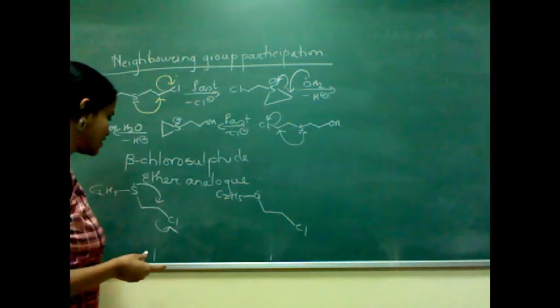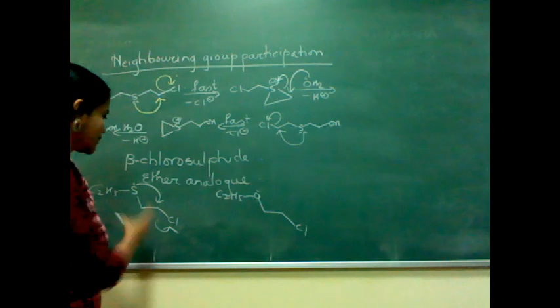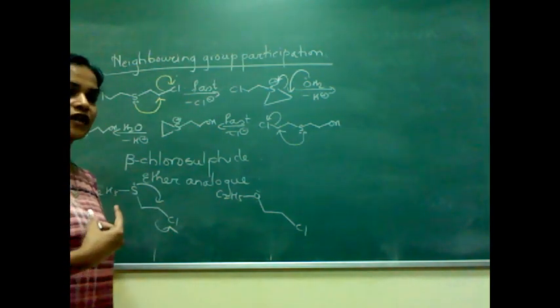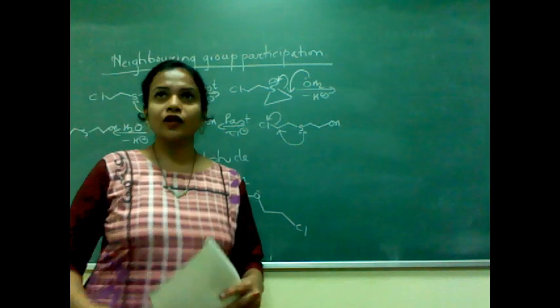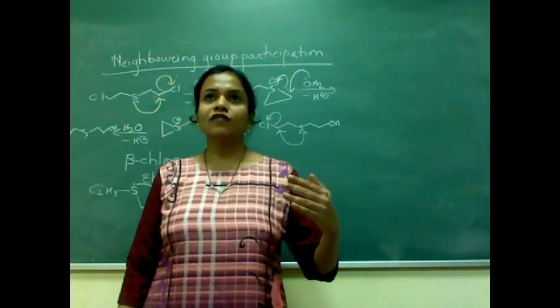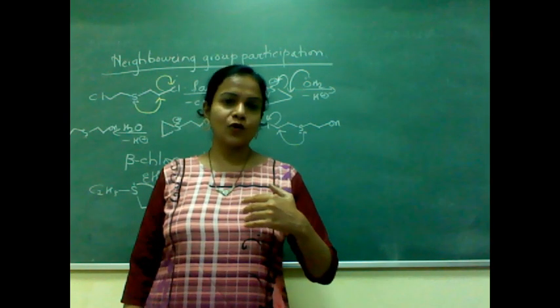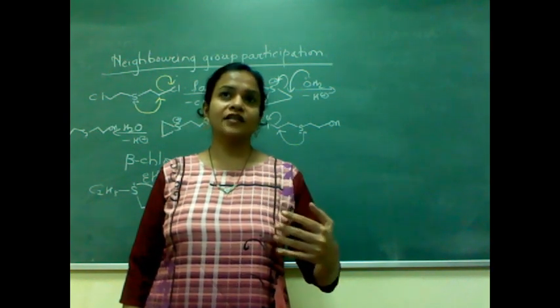So what you can see in this particular case is that sulfur is below oxygen in the periodic table, and as you go down the group, electronegativity decreases.